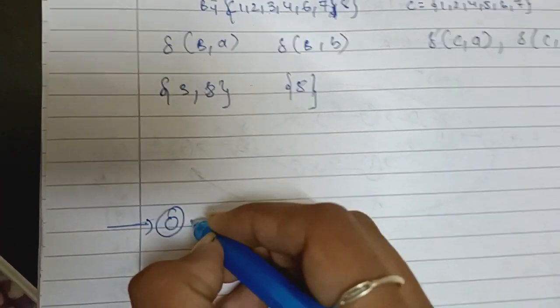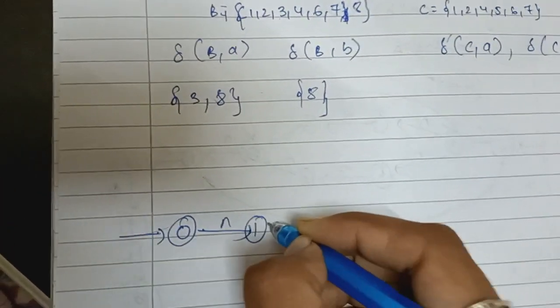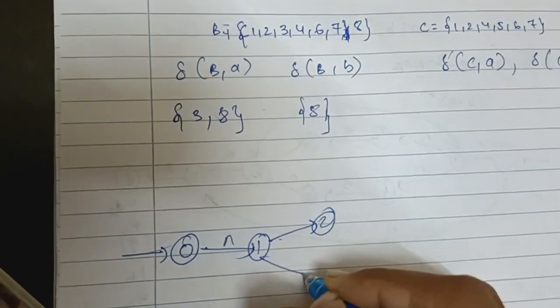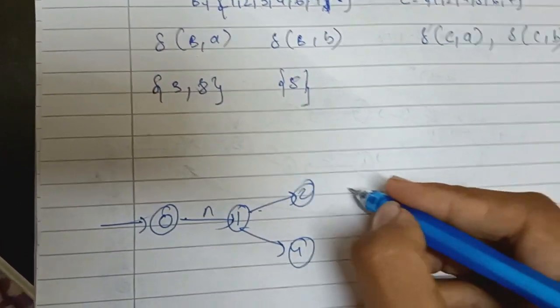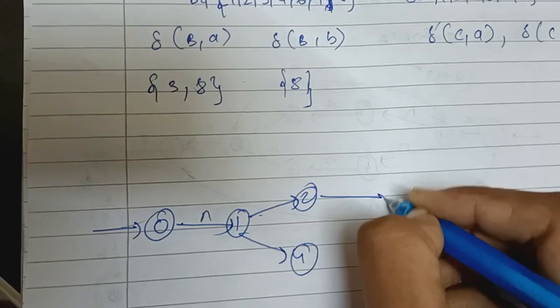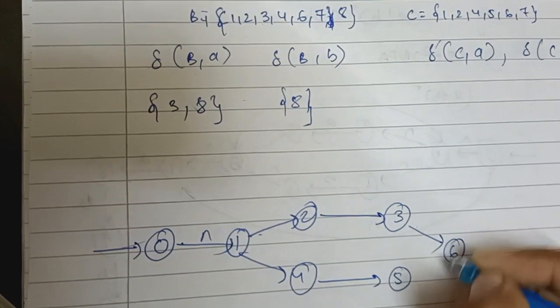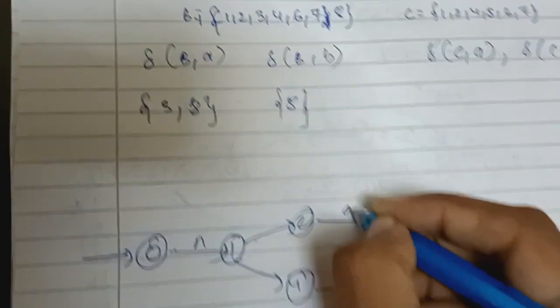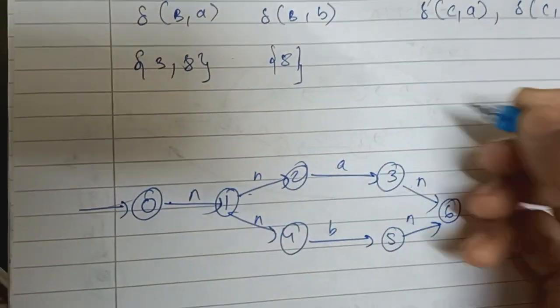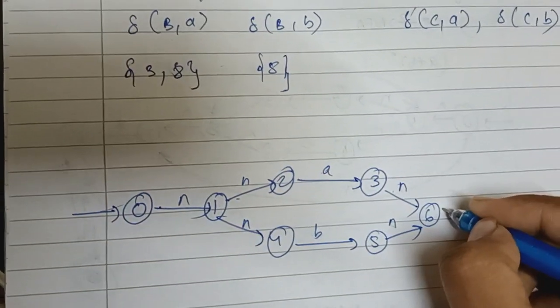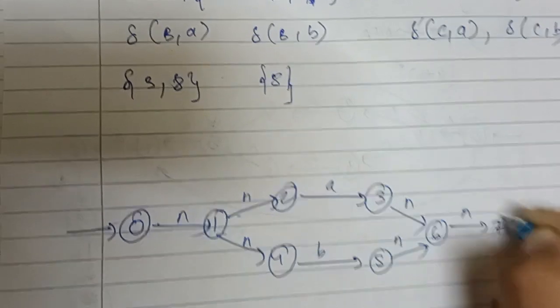So this is our 0 state, this is our 1 state, 2, 4, 3, 5, 6, A, B, null. Then we transit to 7 using null.